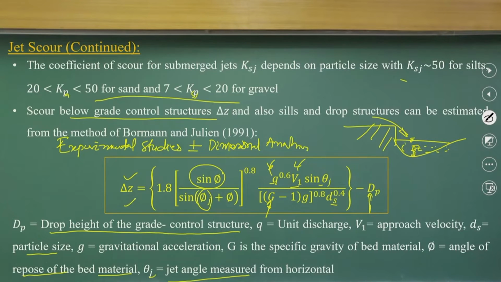Okay. But these relationships tell us what type of dependencies the scour hole depth has in terms of the flow characteristics, in terms of the drop height, in terms of the bed material characteristics. That is what these things show.